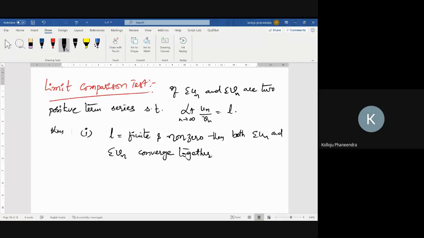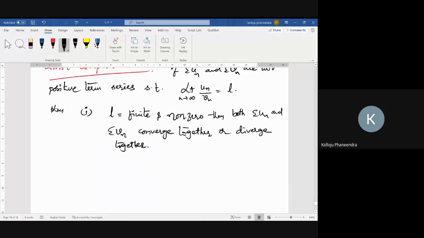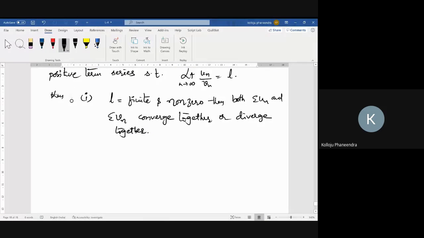This is the first condition. Remember, take the ratio un by vn, and for that ratio take the limit as n tends to infinity, you will get one limit L. If that L value is non-zero and finite, then both the series converge together or diverge together.